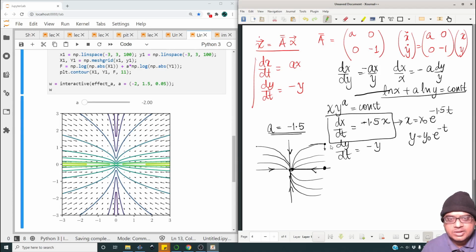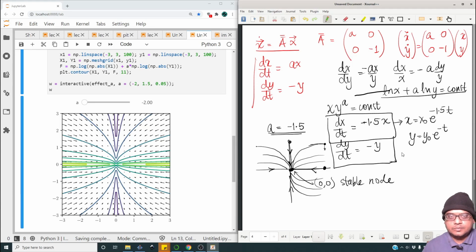If we choose simply the y-axis, that is x equal to 0, the point will also be attracted towards the origin. Therefore, the fixed point in this system, that is origin, is called as a stable node. So for a less than minus 1, it will be a stable node.